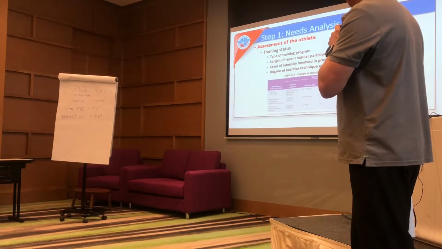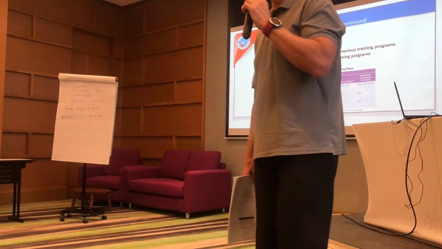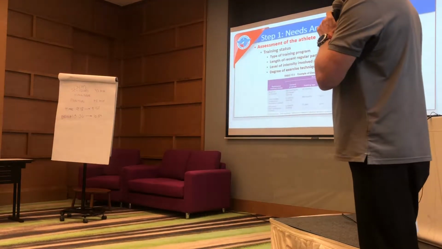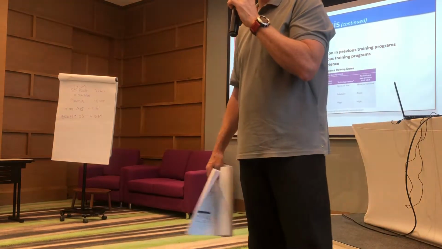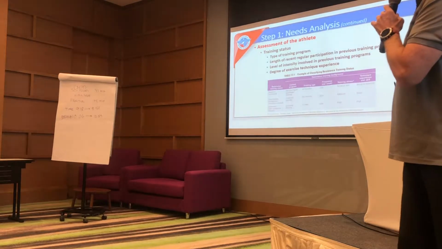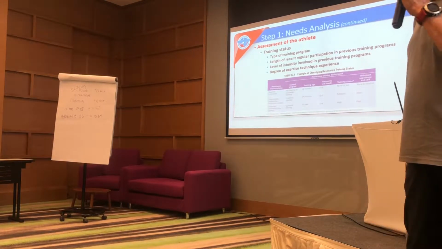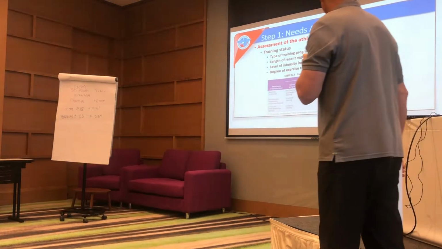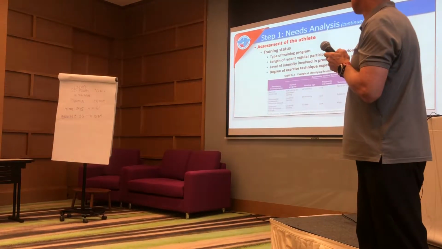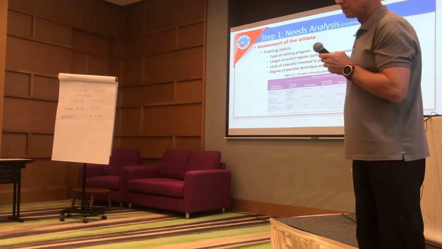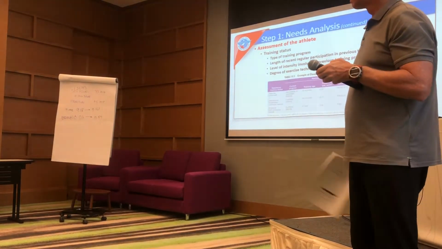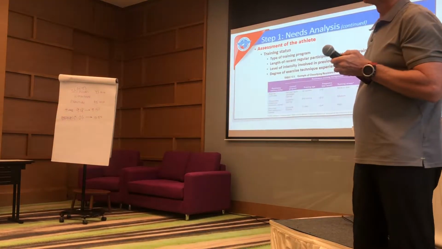This chart gives you a very general idea of what they're trying to get to, and they divided the different training statuses into beginner, intermediate, and advanced. You should be able to look at that chart, and it should make a lot of sense to you.